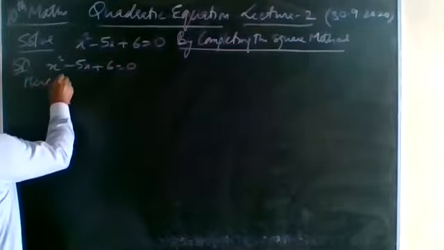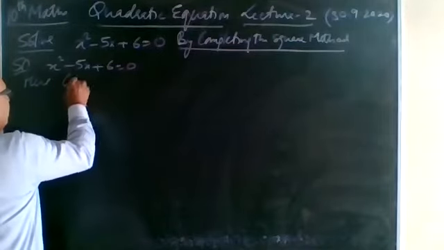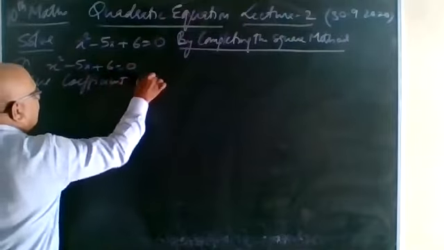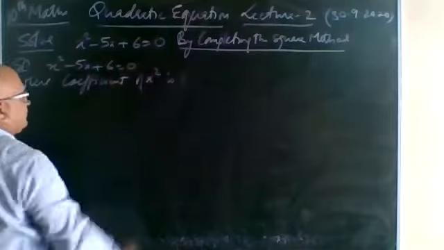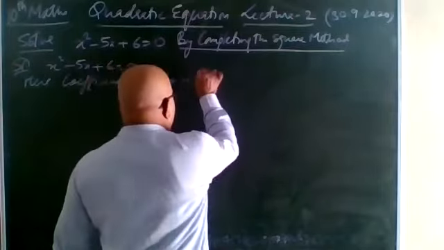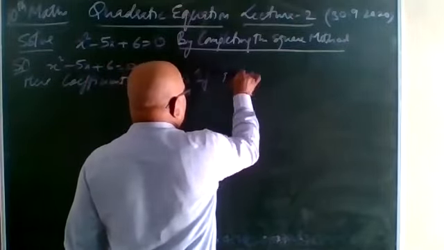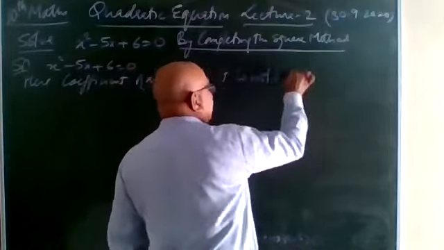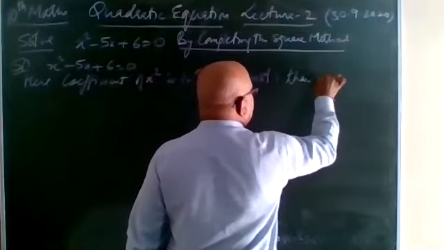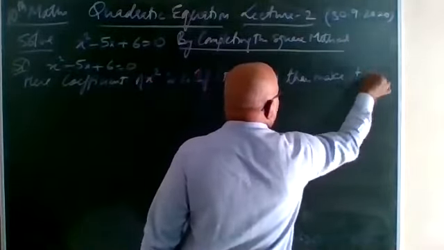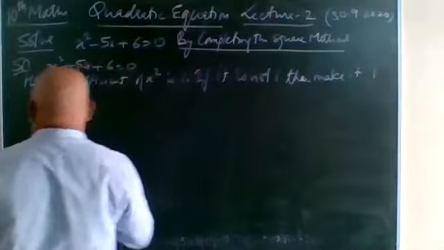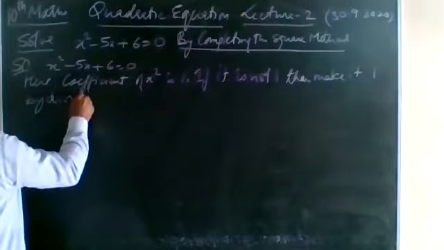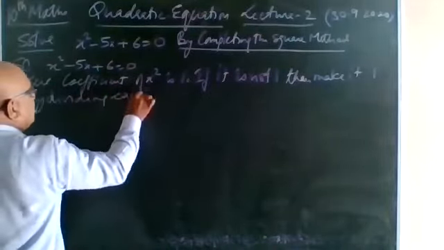Here the coefficient of x square is 1. If it is not 1, then make it 1 by dividing each term.